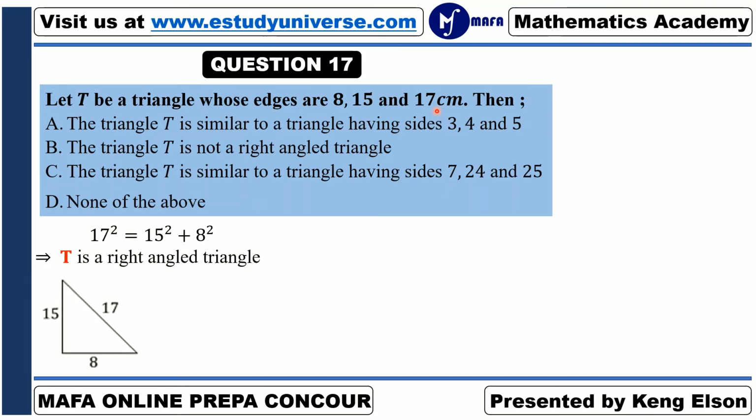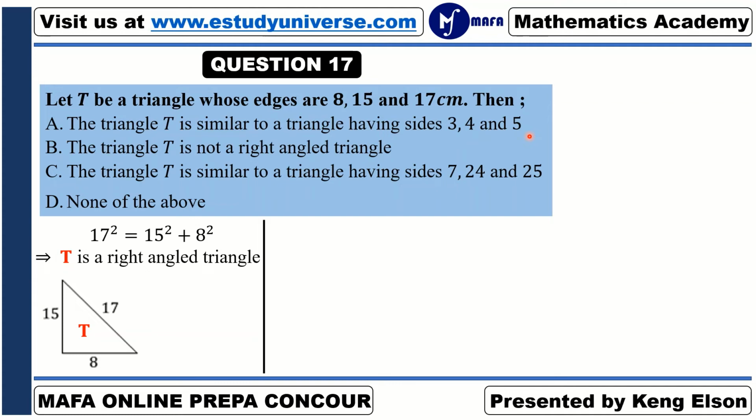We can sketch it. Now let us say that is the triangle T. Now let us call the triangle with sides 7, 24 and 25 T1, and the triangle with sides 3, 4, 5 T2.